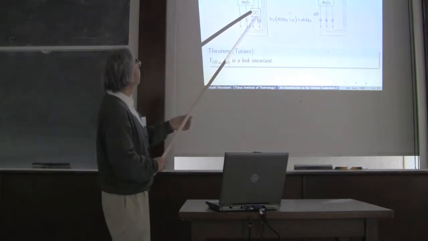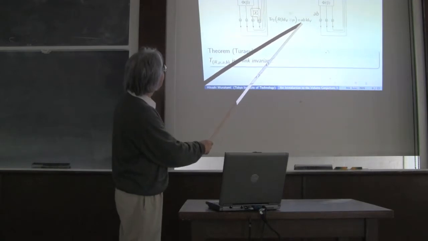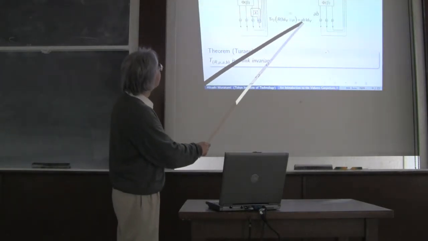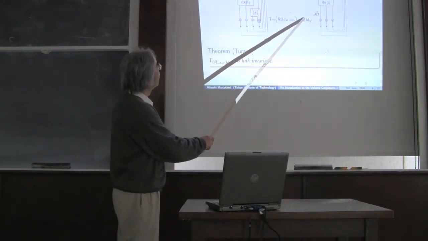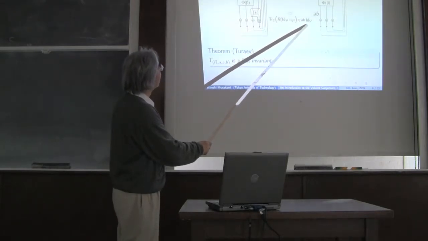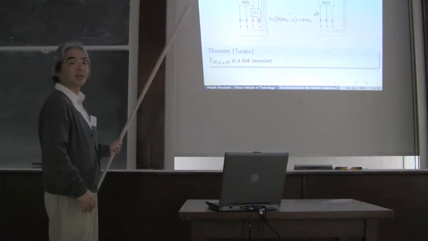So if we remove an R matrix, then we have to multiply by A, and if we remove R inverse, we have to multiply by A inverse. So I need the algebraic sum of the exponents here, and the number of strands here. So this proves that T is a link invariant.